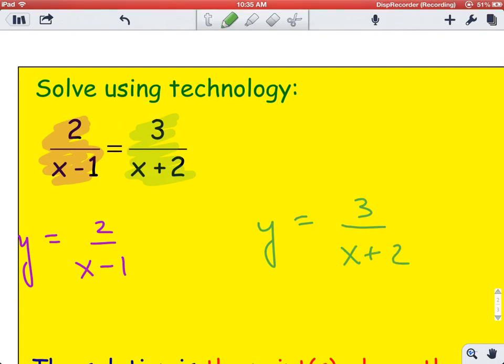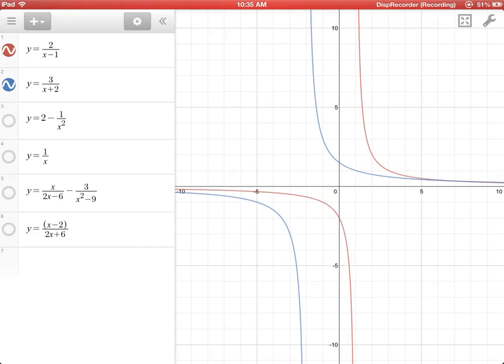Keeping in mind that we need y's and x's in order to graph, and there aren't any y's in this original equation, but I'm going to separate these into two separate pieces. Let's go to Desmos and let's take a look at what this looks like.